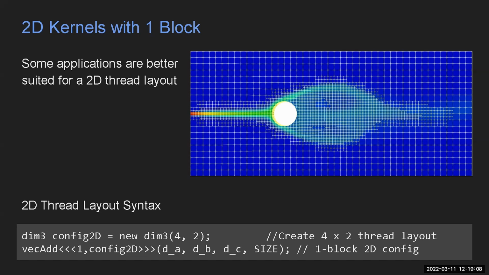Here, we're going to start working with 2 axes, X and Y. For simple kernels, you probably won't need this, because what we're used to working with, at least so far in the class, is arrays or vectors, and those are all one-dimensional. So a one-dimensional kernel makes good sense for that. You wouldn't want to use a 2D kernel for those because it's not a good fit. However, there are lots of applications that naturally fit in a 2D grid.